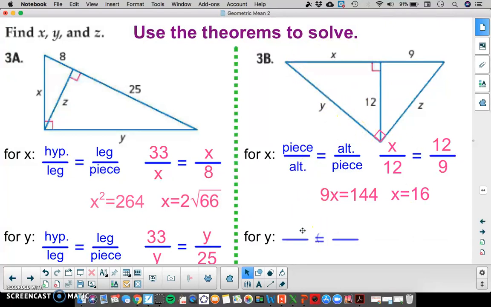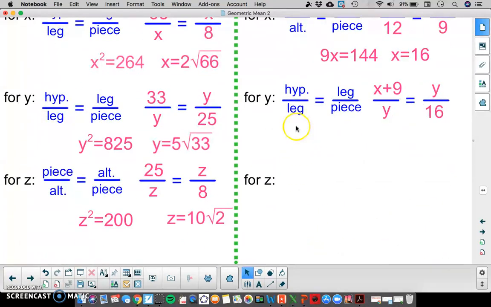So we have hypotenuse over leg equals leg over piece. The whole hypotenuse will be our x value 16 plus the 9. So the whole thing will be x plus 9, which will be 25. So x plus 9 over y equals y over 16. That becomes 25 over y equals y over 16. Cross multiply, we get y squared equals 400. Square root, and y is 20.